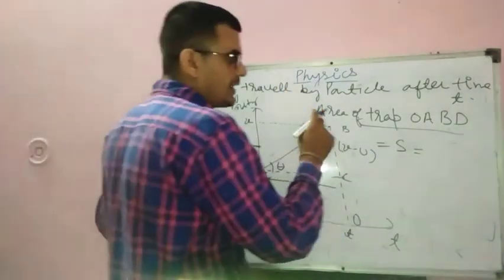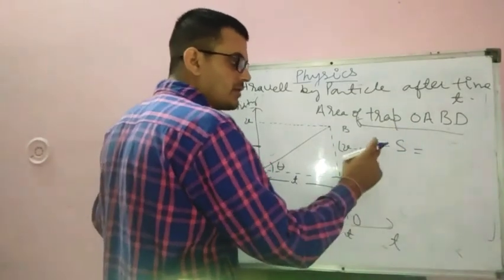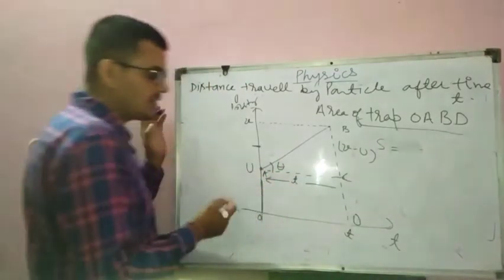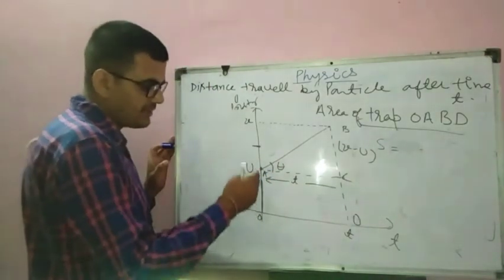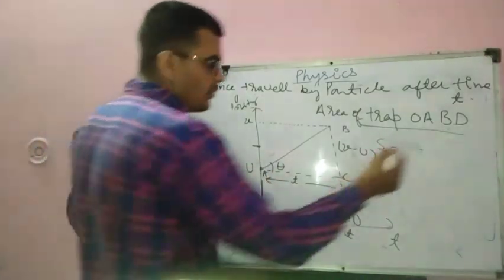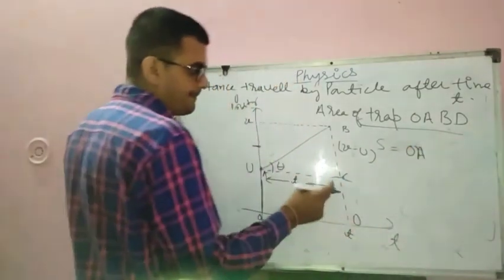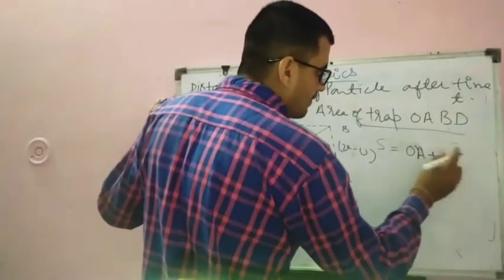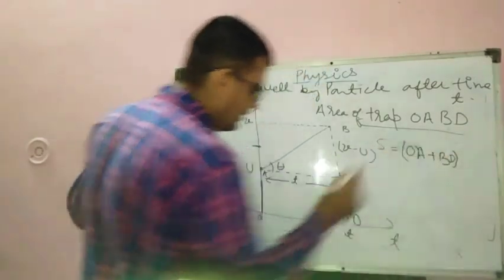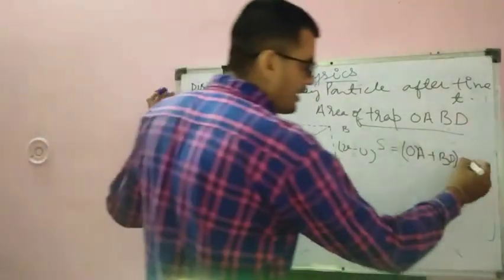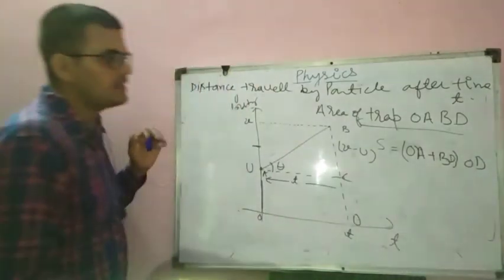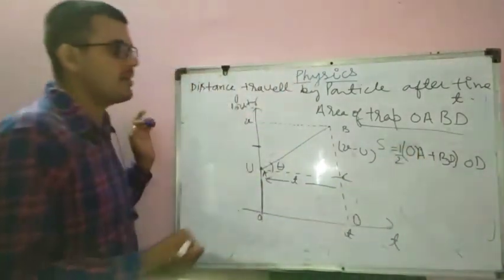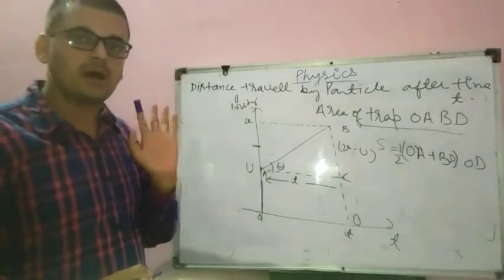The area of a trapezium is equal to 1 by 2 into the sum of parallel sides, OA plus BD, into the height OD.